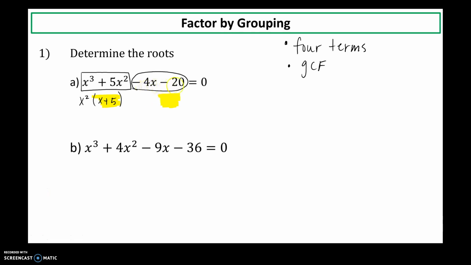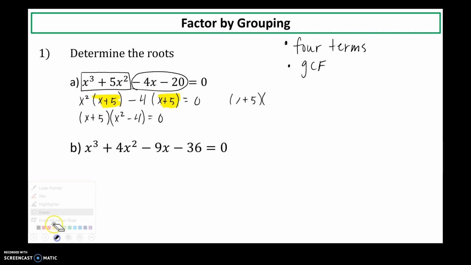So what do I need to factor out of the next 2 terms? If I take out a negative 4, it'll leave me with an x plus 5 as a factor. So now when I put them back together, x plus 5 is common in both terms, leaving me with x squared minus 4. For practice sake, I'm going to continue to factor this.